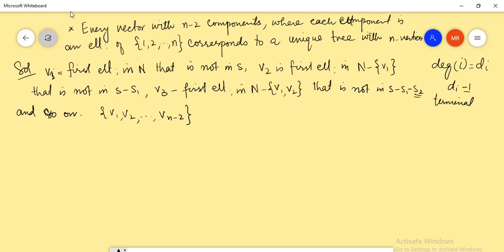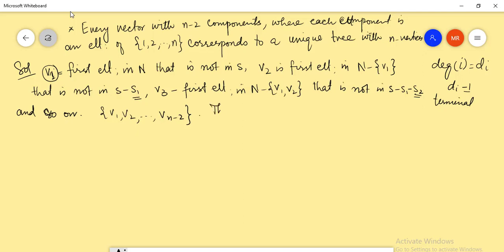Because for each deletion of an element in S, we introduce a label vertex. Since there are n minus 2 components in the vector S, after deleting all the elements of S, we will have n minus 2 components or vertices.